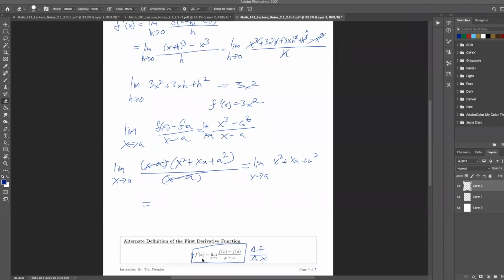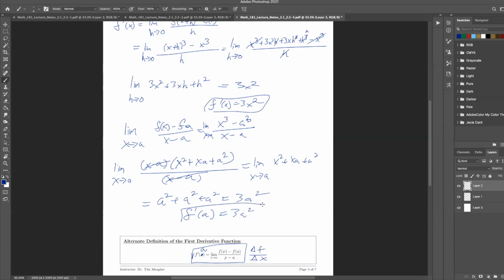Yeah, this x should be an a. Sorry about that. Everywhere I see an x, I'm going to plug in a. So I get a squared plus a times a, which is a squared, plus a squared. So this is equal to 3a squared. So f prime of a is 3a squared. These are essentially the same. The only difference is what variable you have, and they give you the same formula.